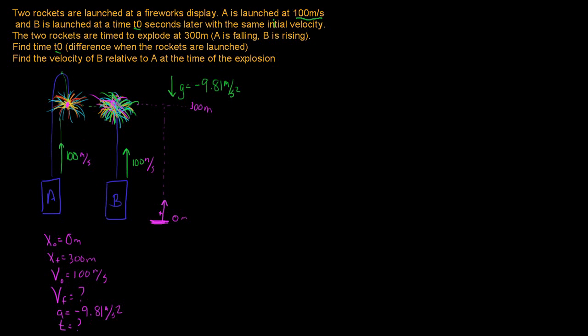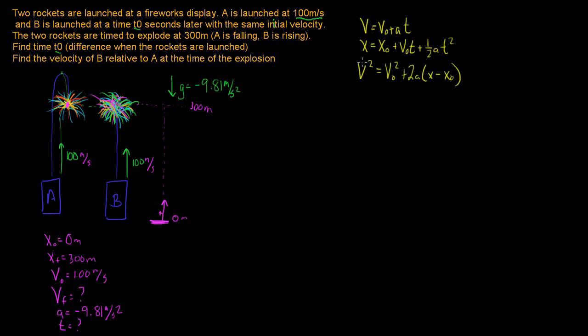So if we look at our kinematic equations, which we can use because of gravity's constant acceleration, we have v equals v naught plus at, x equals x naught plus v naught t plus 1/2 at squared, and v squared is equal to v naught squared plus 2a times the final position minus the initial position.